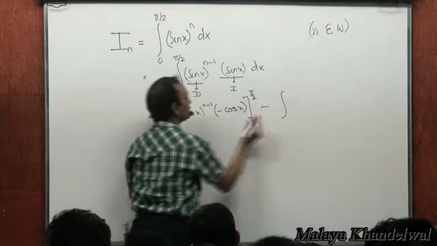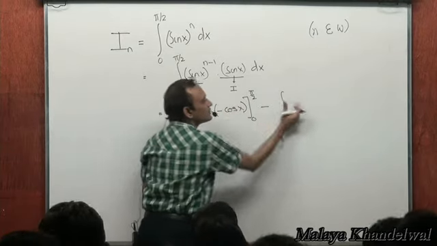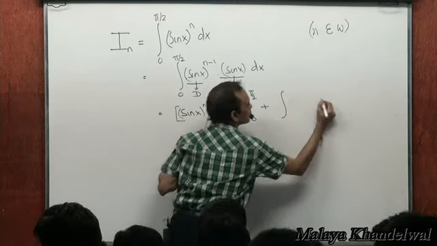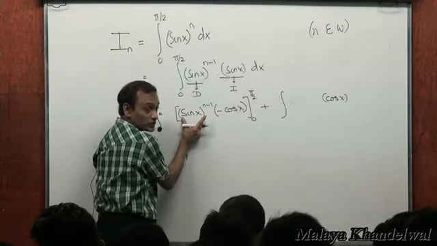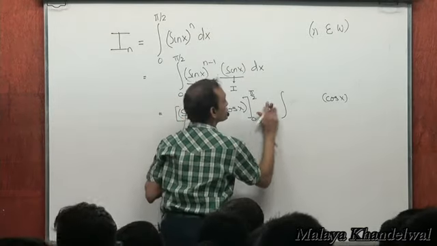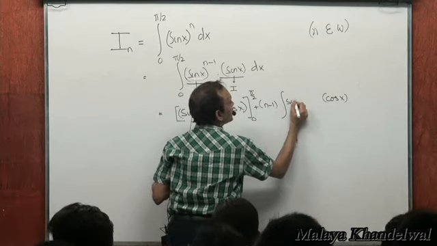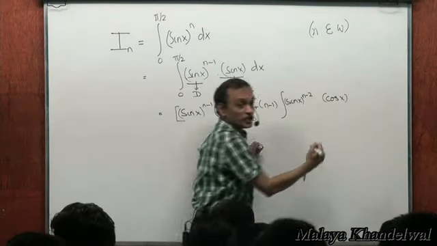Minus integral. This thing would be copied and pasted there, minus cos x. So that will make it plus cos x into derivative of this with respect to x. Derivative of this with respect to x would be n minus 1 sine x to the power n minus 2 into cos x.